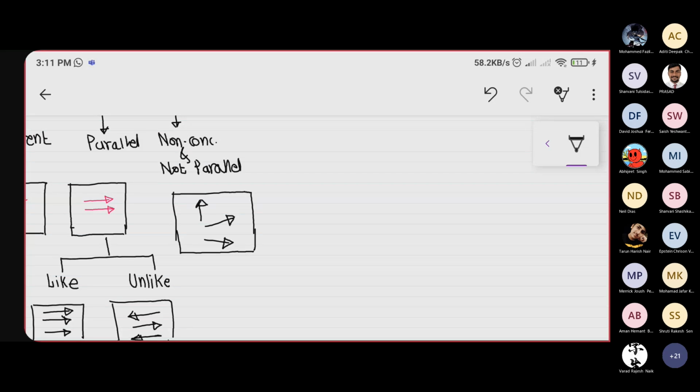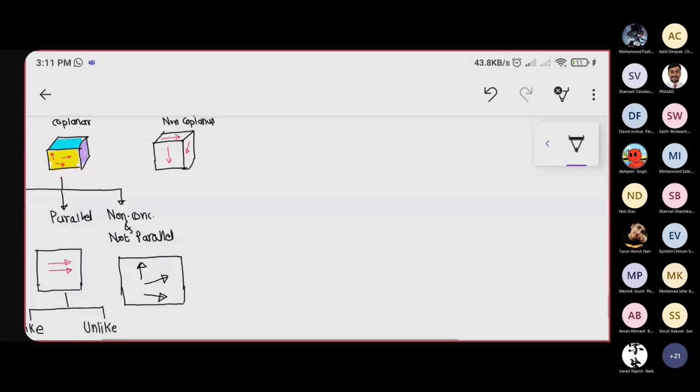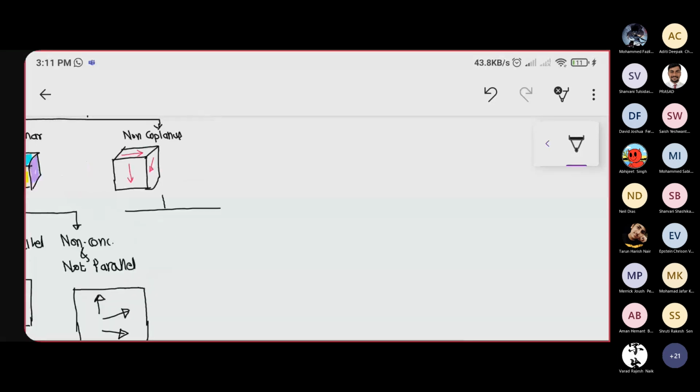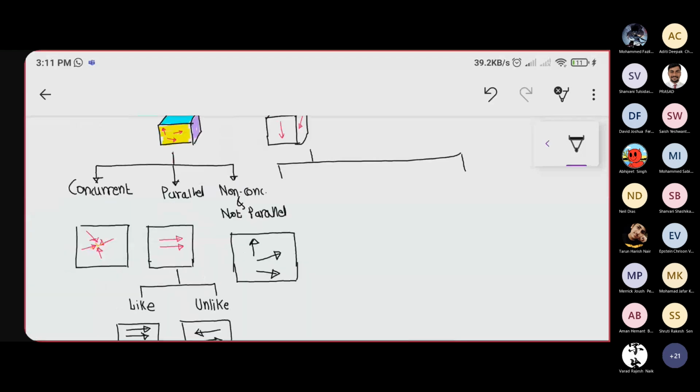These are not parallel and also non-concurrent. So this type of system is called non-concurrent and non-parallel. On a similar basis, we can classify non-coplanar again. Concurrent, parallel, non-concurrent. The only difference is these forces will go in different planes.